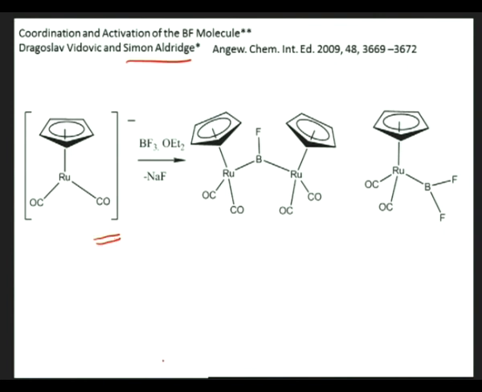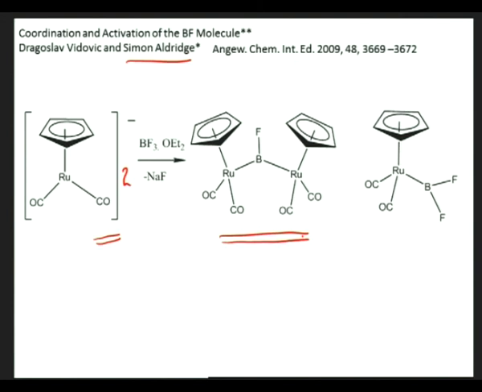Very simple chemistry. The negatively charged species displaces the 2 negatively charged fluorine atoms. Notice that 2 ruthenium carbonylate species must be present. So, 2 of them are present, and they displace 2 fluorine atoms and it forms a nice bridging chemistry.